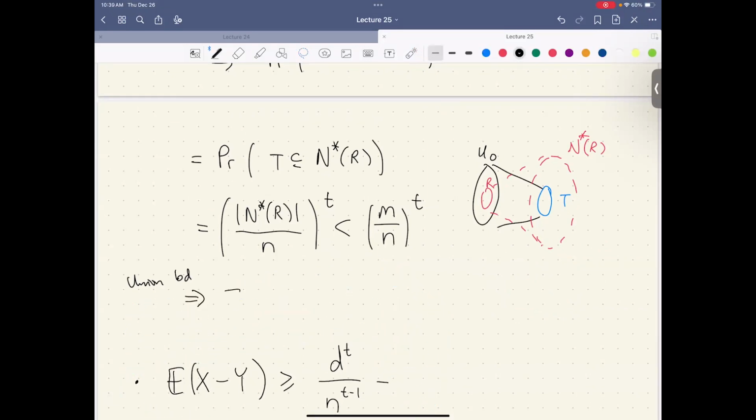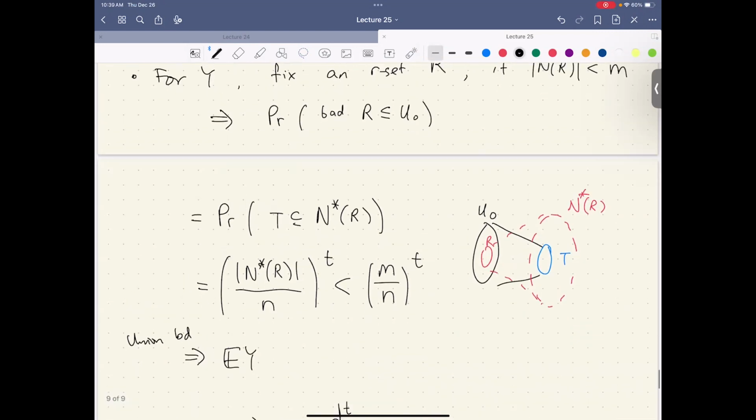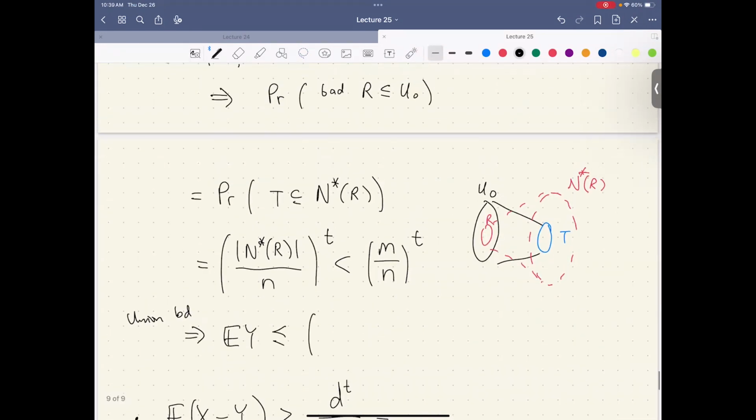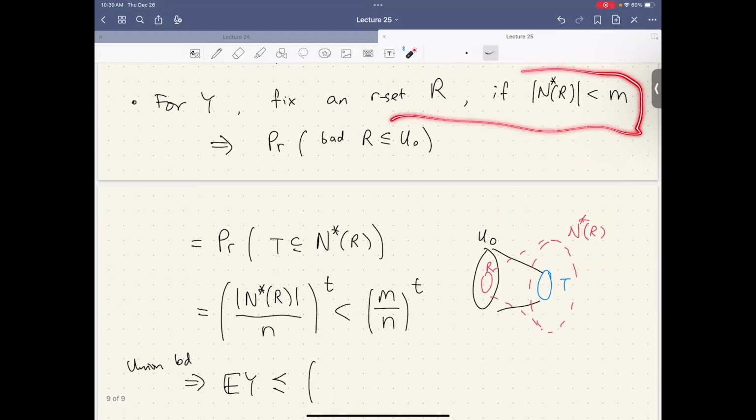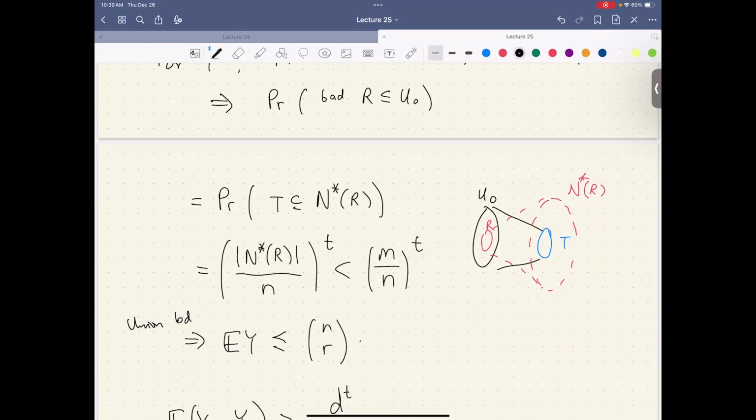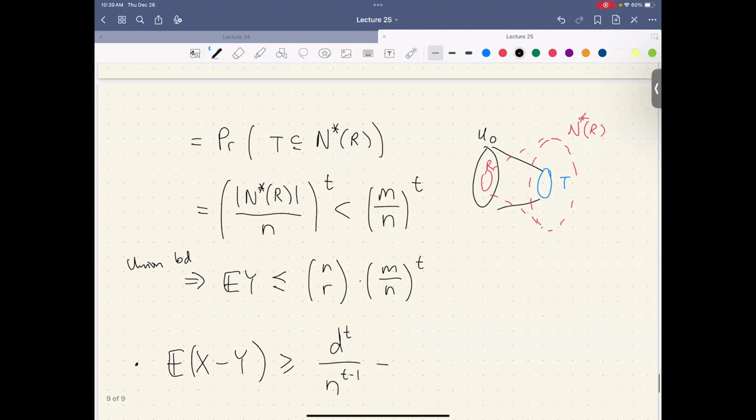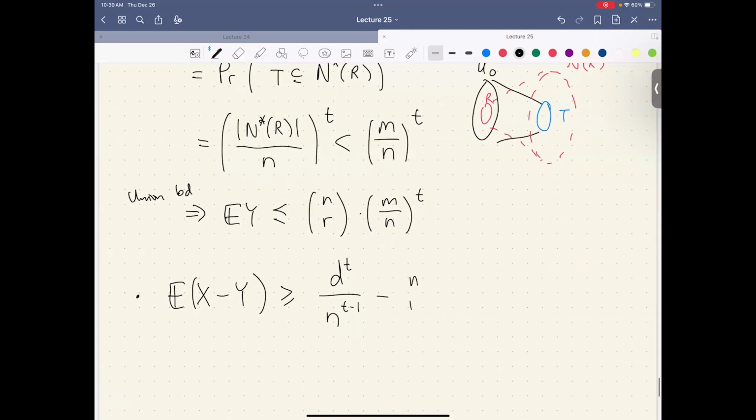Union bound implies the expectation of Y is at most the number of R sets, well, just use the total number of R sets to upper bound it, times the probability of a single one being bad. So we have these. Then by hypothesis, we know this is bigger than A. We are done. Any questions?